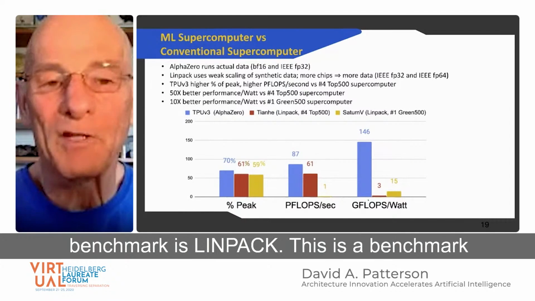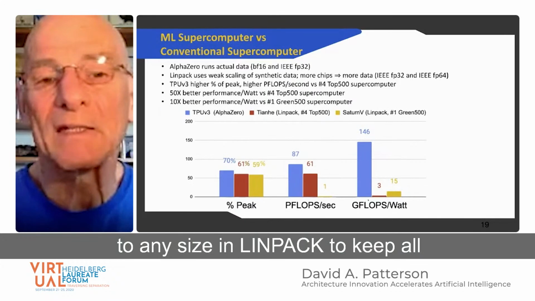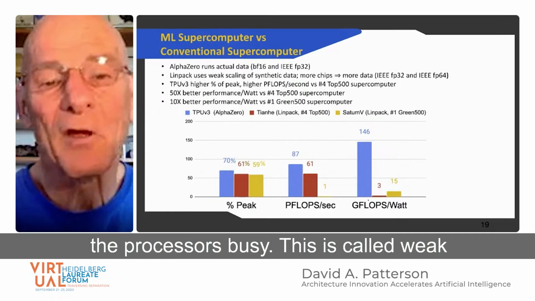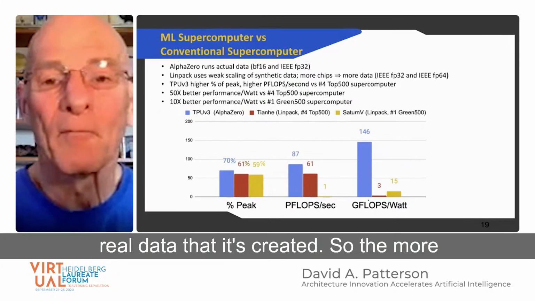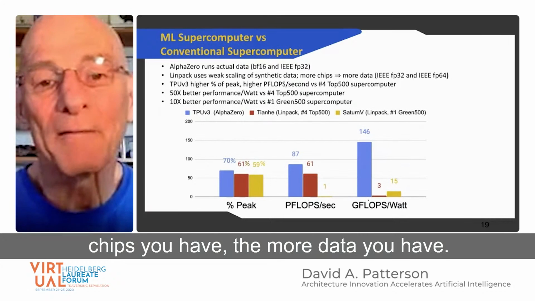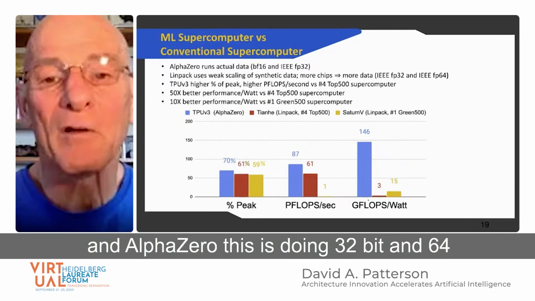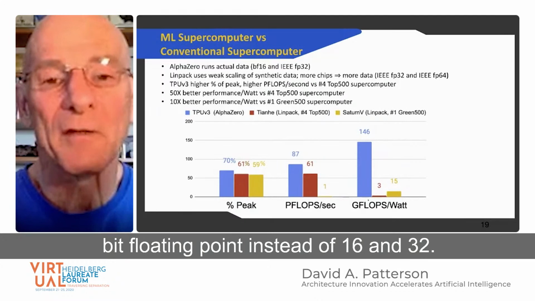This is a benchmark that isn't fantastic. You can scale up to any size in Linpack to keep all the processors busy. This is called weak scaling, and it's synthetic data, not real data. So the more chips you have, the more data you get. The other difference is they're not running the same benchmark, and also this is doing 32-bit and 64-bit floating point instead of 16 and 32.